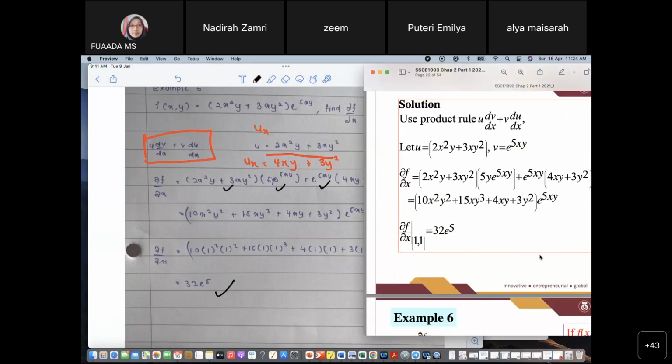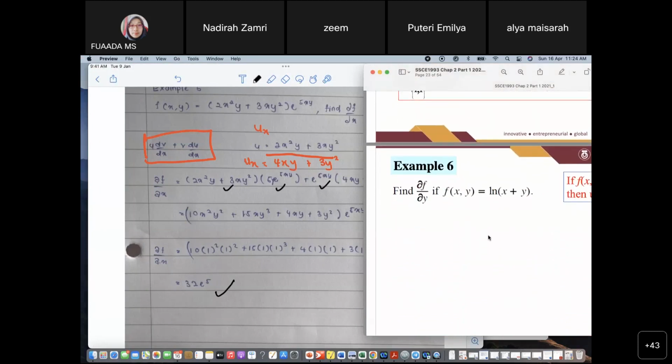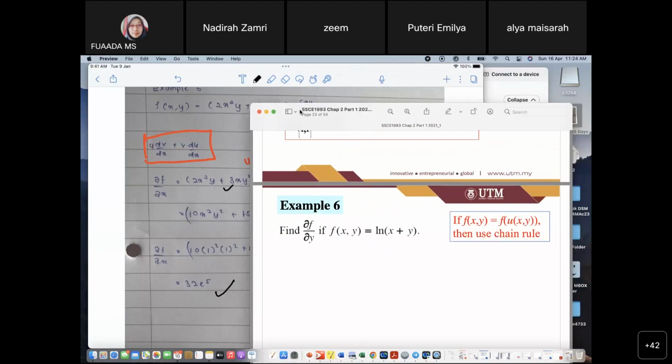Okay, so the next example. This kind of example is a favorite in the weekly test or final exam. Remember, as I mentioned just now, our test 1 will be covered till chain rule, week 5.